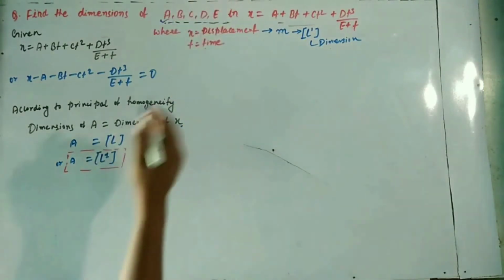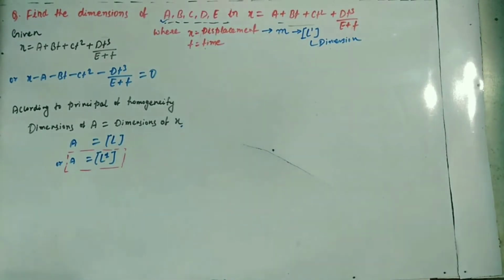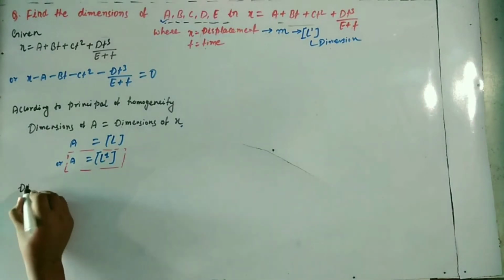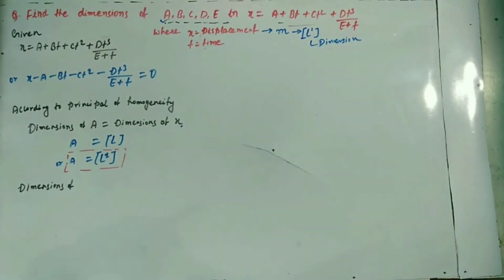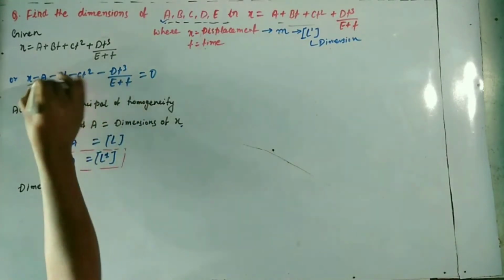Now the dimensions of B. Similarly, we equate the dimensions of bt to the dimensions of x.